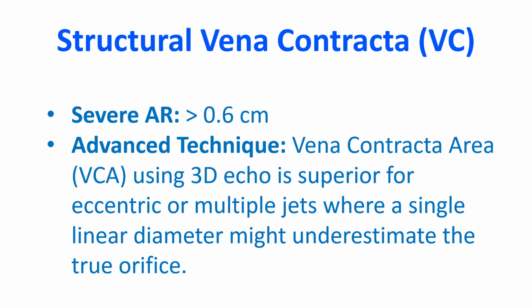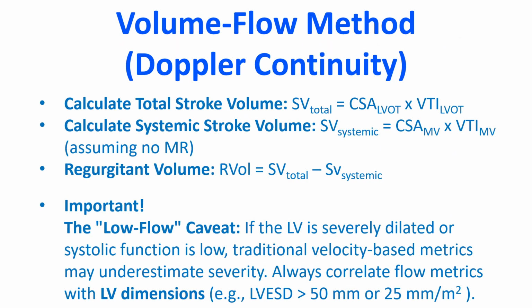When PISA is non-contributory, as in eccentric jets, use the continuity equation to calculate regurgitant volume. Calculate total stroke volume, which is equal to cross-section area of the LVOT times velocity time integral of LVOT.